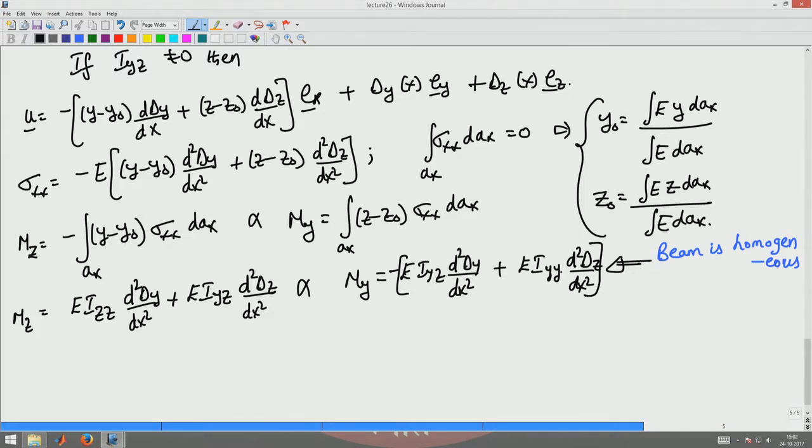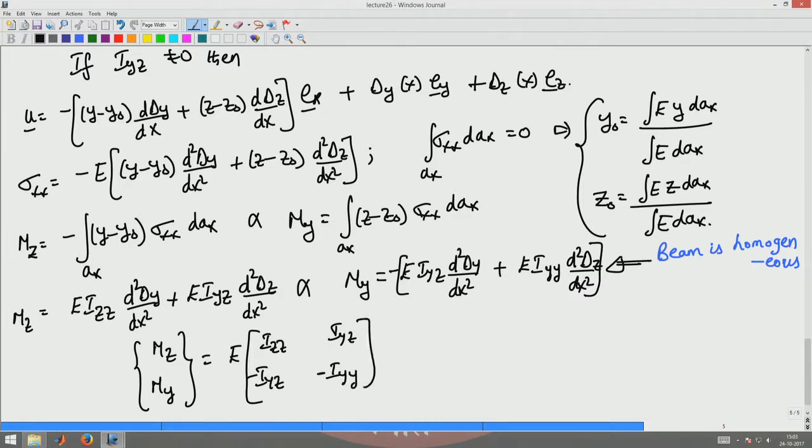To solve this, I cast it in the following form: M_z, M_y is equal to E times the matrix I_zz, I_yz; minus I_yz, I_yy, into d square delta y by dx square, d square delta z by dx square. Now, I invert this 2 by 2 matrix.